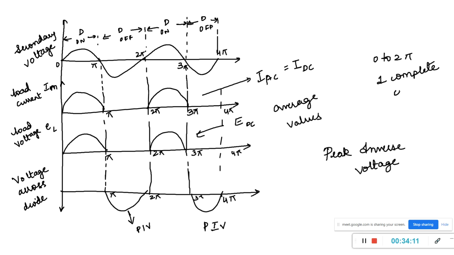I will just draw it and show. This is a complete cycle, 0 to 2 pi. So we usually measure the average voltage and average current for one complete cycle.